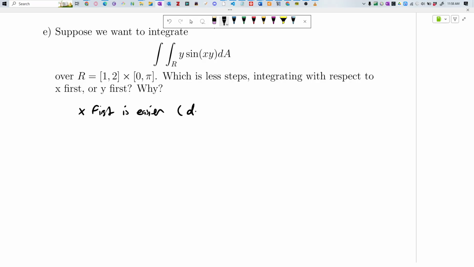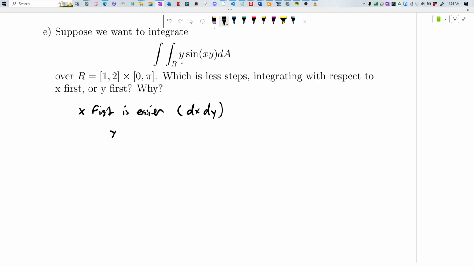And I'm just going to specify the integration order being dx dy. Doing this integration order should be easier. And the reason is that if you do the x integral first, the y is going to be absorbed. The outer y value gets absorbed.